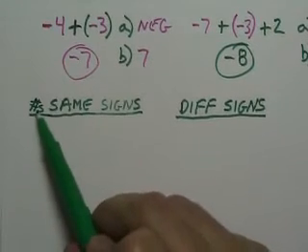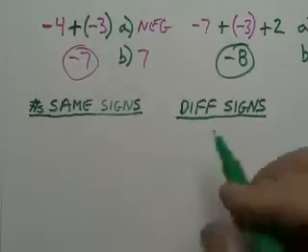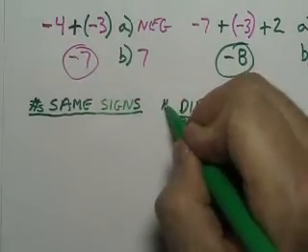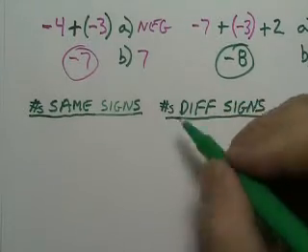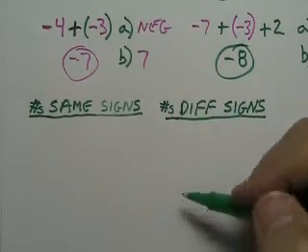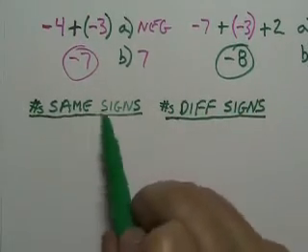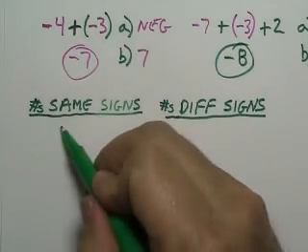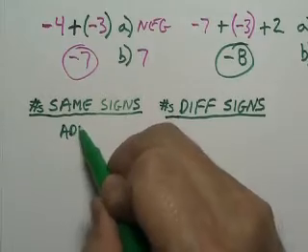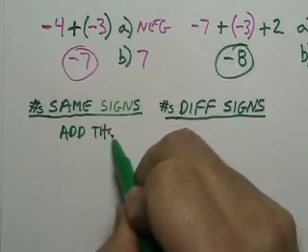Okay, so when we have numbers with the same signs or numbers with different signs, there are two different rules. If numbers have the same sign, add them.